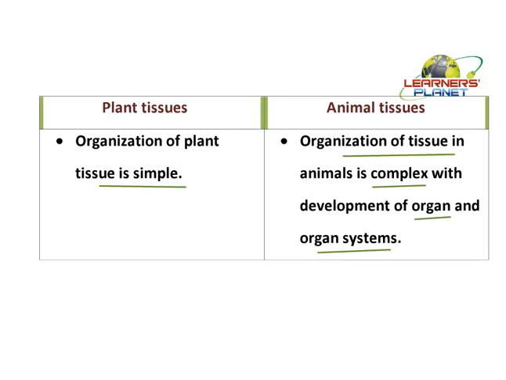So at the end of this comparison of these tissues, we can summarize one point, that plants and animals both are multicellular organisms, but comparatively plants are simpler than animals. Simpler as they are, they don't have to move from one place to another, and they are autotrophic.